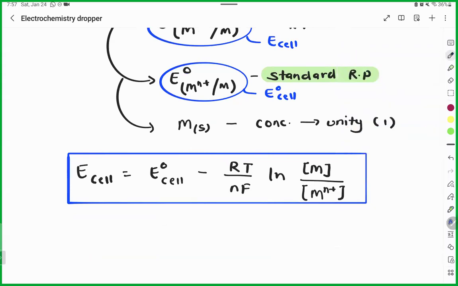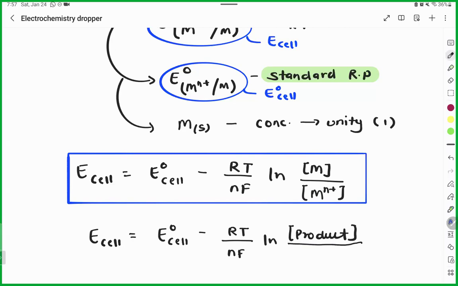Log 1 2 3. How many of you feel difficulty in log, guys? Okay. nF, natural log, basically product by reactant. In the Nernst equation, when you write natural log, it is product by reactant.